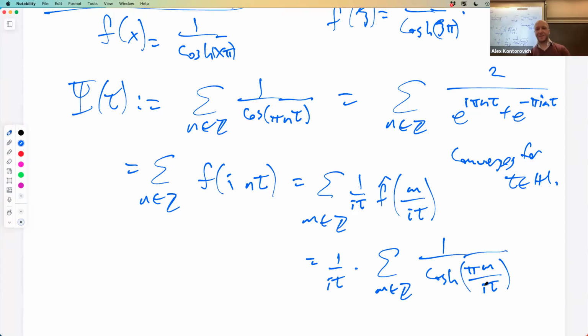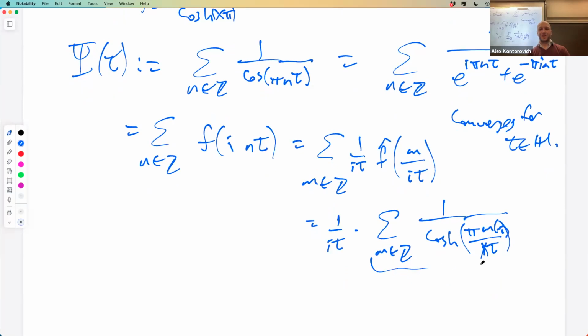The i here can be moved to the numerator with a minus sign, negative i, and cosh of i is cosine. So this whole thing is the same psi, but at negative 1 over tau.